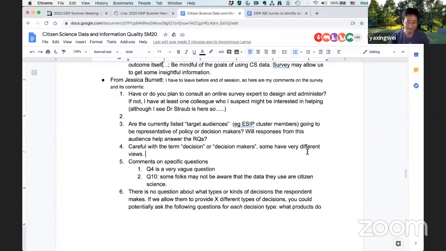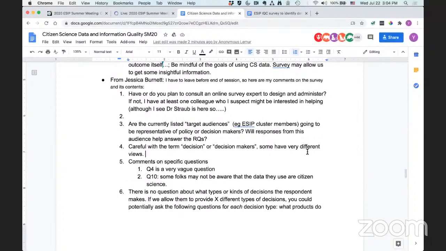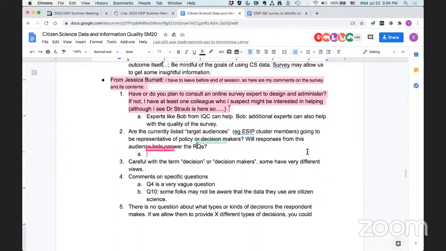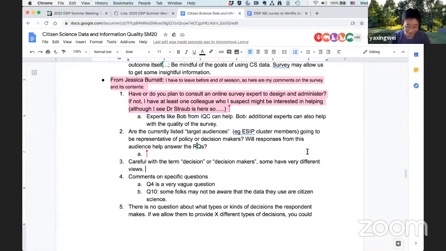Great, I totally agree. The next question from Jessica Burnett is, are the currently listed targeted audiences, e.g. ESA cluster members, going to be representative of policy or decision makers? And will responses from this audience help the RQs? That's a very good question.